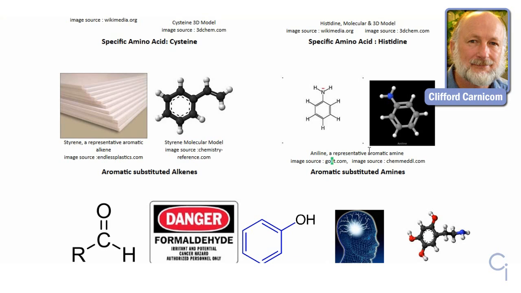The next picture is what you call an aromatic substituted amine, and so you see the same kind of thing. You see something branching off of that aromatic structure. This time it's called an amine. Now, briefly, what kind of significance can be given to an amine?